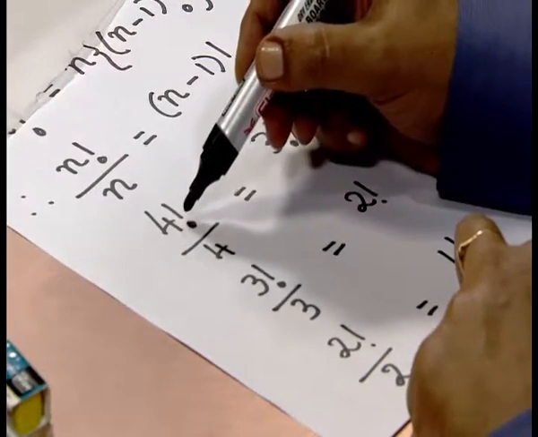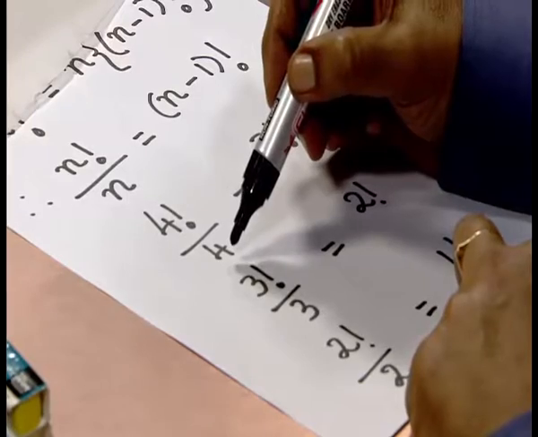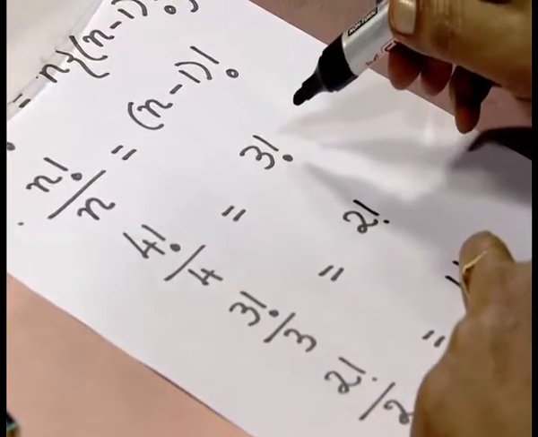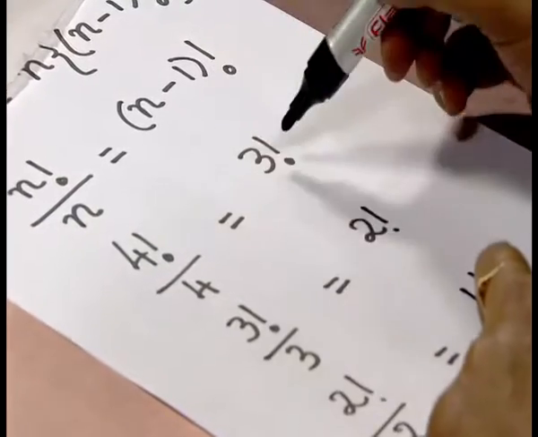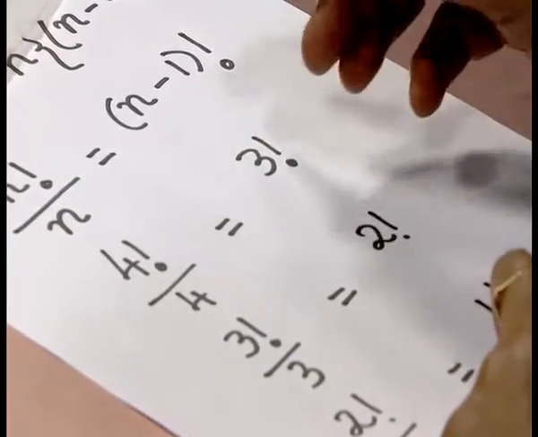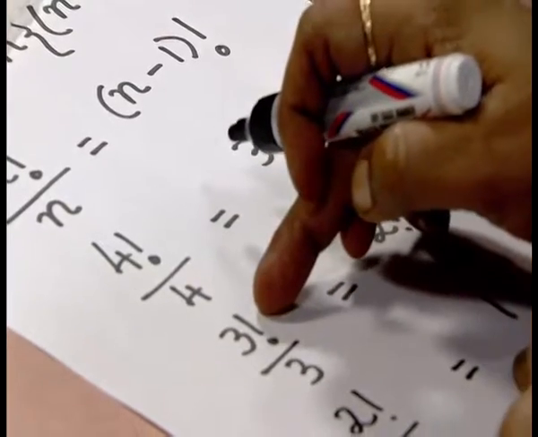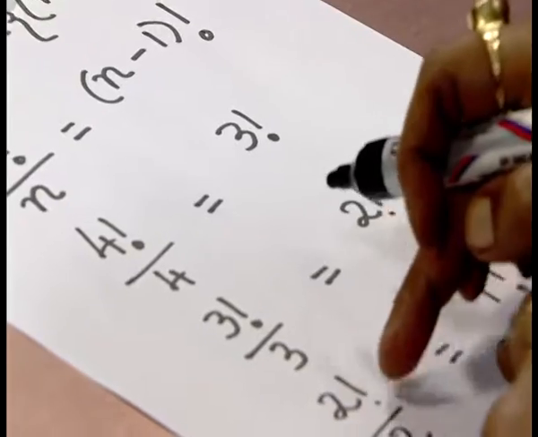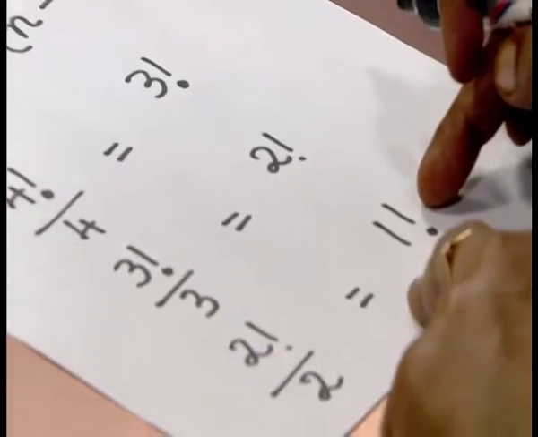It was factorial 4, I divided by 4 and the result is just n minus 1 factorial. Here it is 4, so it is 3 factorial. We continued in the same manner: factorial 3 divided by 3 is 2 factorial, factorial 2 divided by 2 is 1 factorial, and then you can definitely make out what would be my next step.